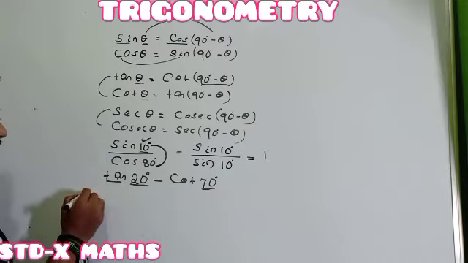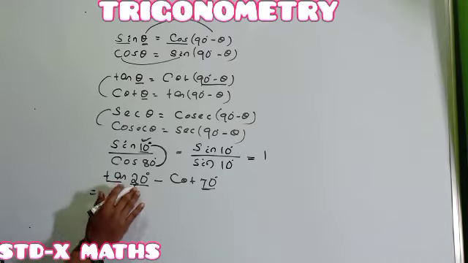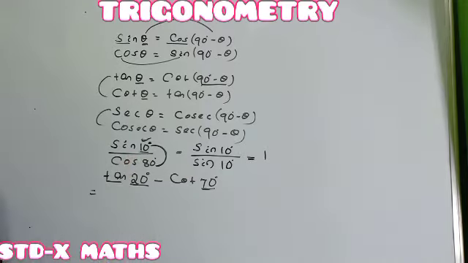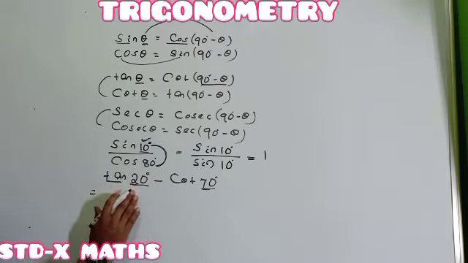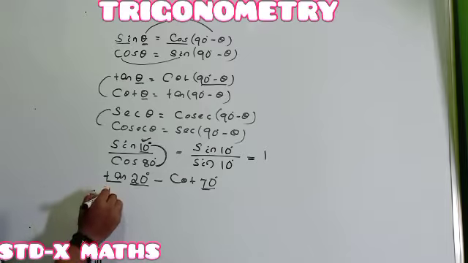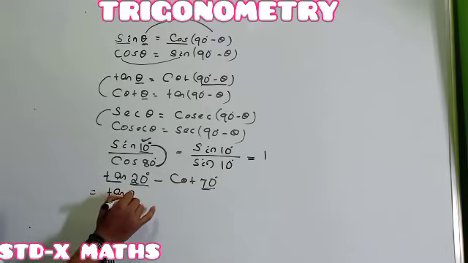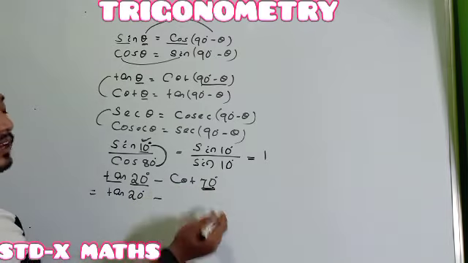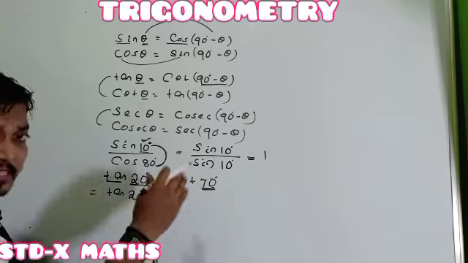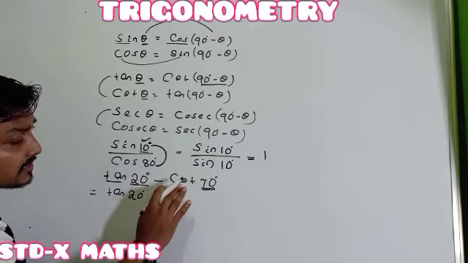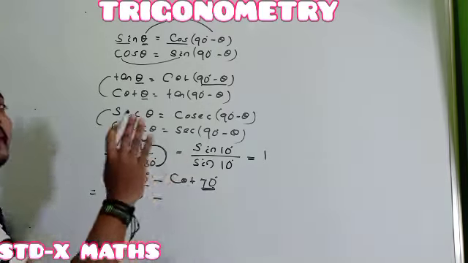Whenever both are complementary angles, the trick is always to fix one and change the other. Suppose I am fixing 20. Both can be fixed, either this one or this one. Suppose first I am fixing tan 20 degree. Then the 70 degree I want to change to its complement angle. 70 will be changed to its complement, and at the same time cot will be changed into tan.